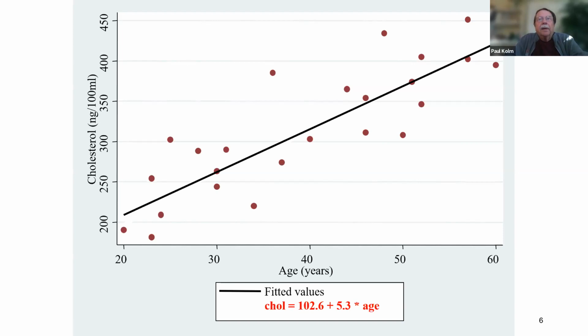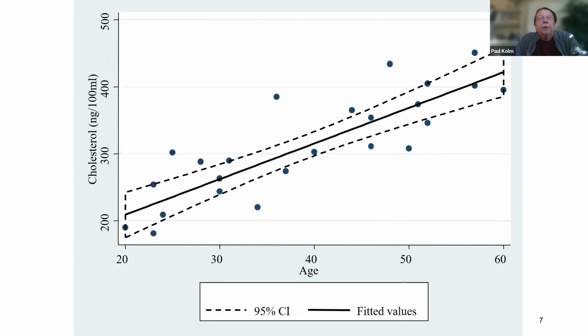And then also we would typically include confidence intervals around the regression line. And so here's a 95% confidence interval for the regression line. You can see that at the ends, or the low and high values, the confidence bands are a bit wider than they are in the middle.